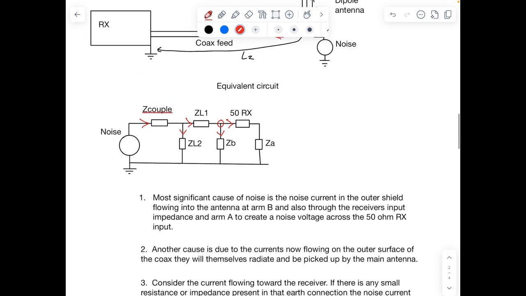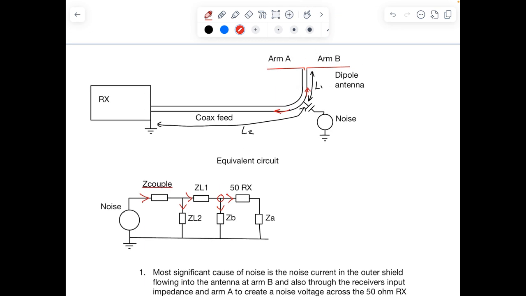So the second mechanism, if you can see point 2, another cause is due to the currents now flowing on the outer surface of the coax. They will themselves radiate and be picked up by the main antenna. So within the L1 and L2 portions of the coax, we've got these currents flowing, and they're not contained by any coax cable or any feeder.